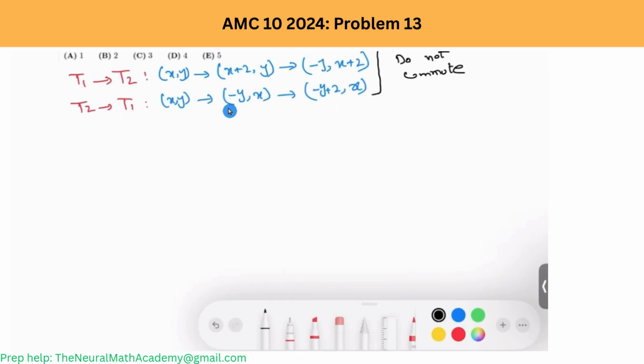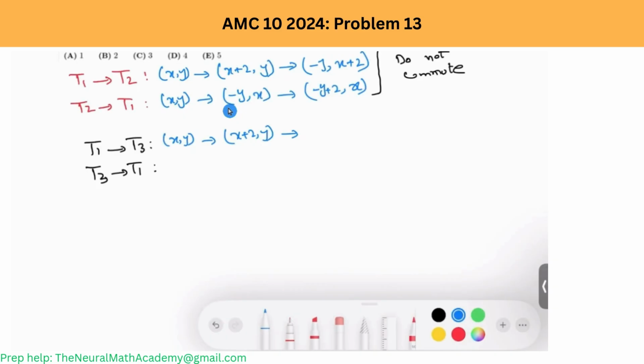So the next pair that we are going to check is T1 to T3, and then we will check T3 to T1. So if I'm starting again with T1, now I have again xy. So I would get then x plus 2, y, right? And then I'm applying T3.